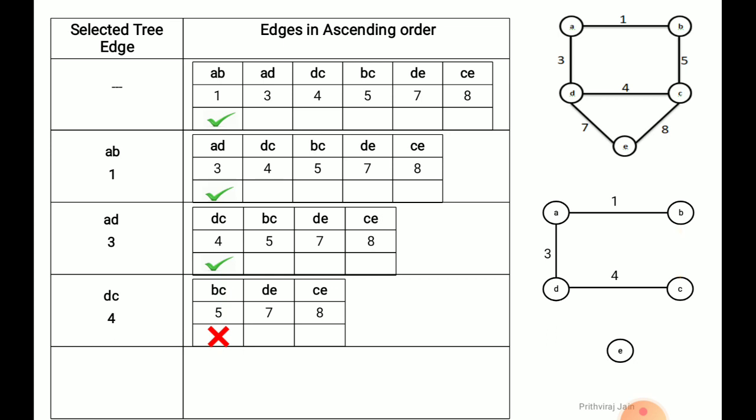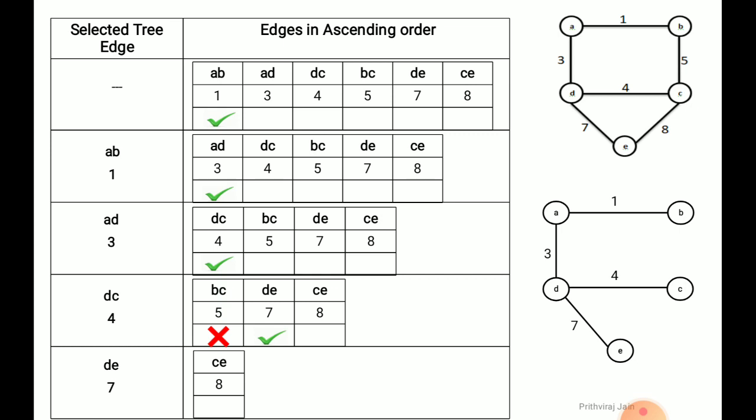Now what is the next edge? That is DE with weight 7. If I take the edge DE, it will not form any cycle, so I can select this edge. So our next selected edge is DE with weight 7.